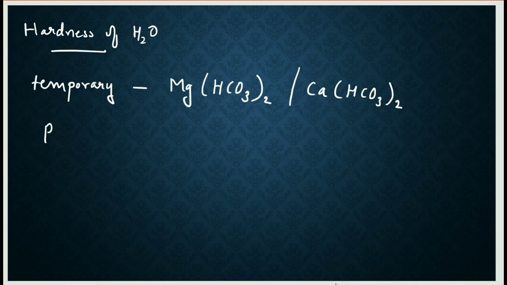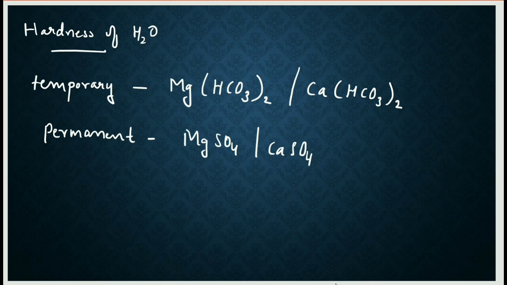And permanent hardness cannot be removed by boiling the water. Permanent hardness is due to magnesium sulfate or calcium sulfate. So the sulfates of magnesium and calcium are responsible for permanent hardness.